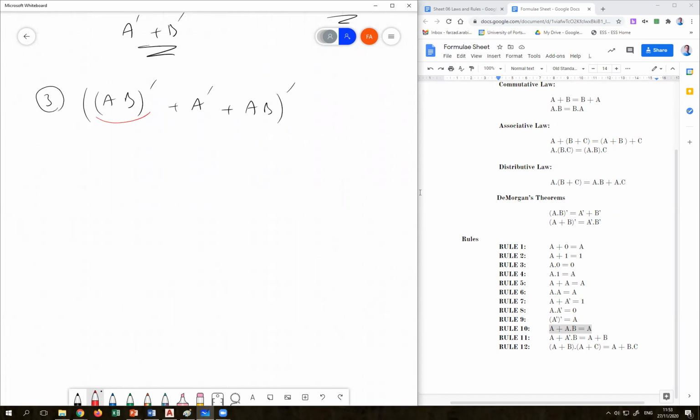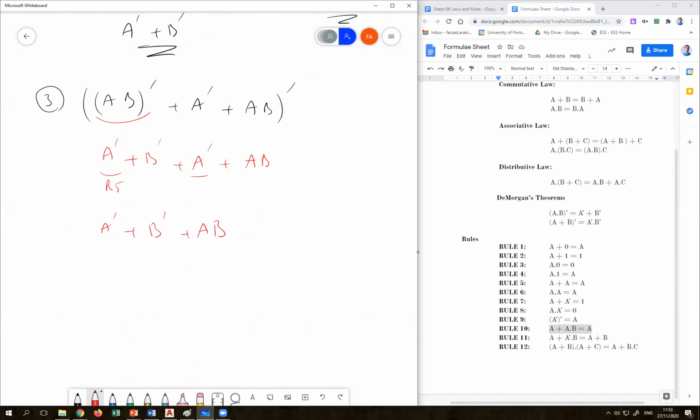I want to get rid of the bracket. Whenever you see not on top of a bracket, you can use De Morgan's rule. So this is equal with A naught or B naught plus A naught plus A B. In rule number 5, R5, we don't need to repeat any input. So I get rid of one of them: A naught plus B naught plus A B.